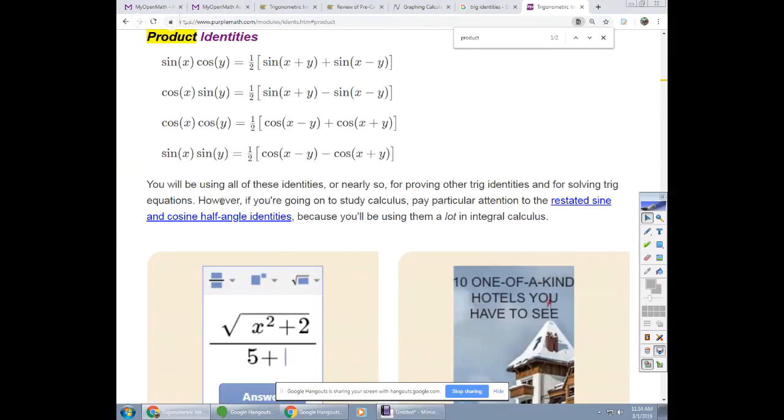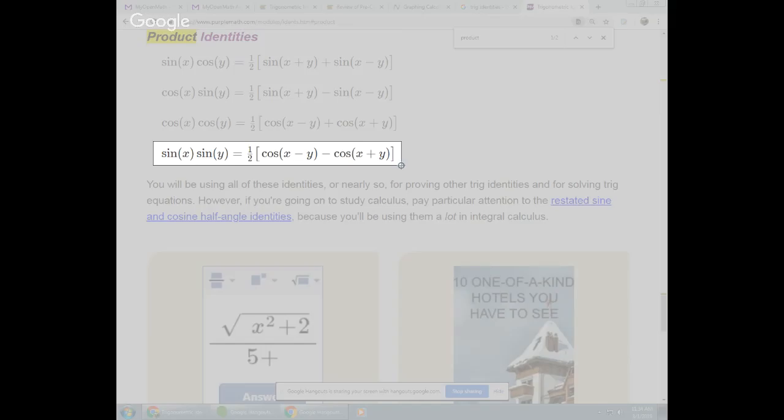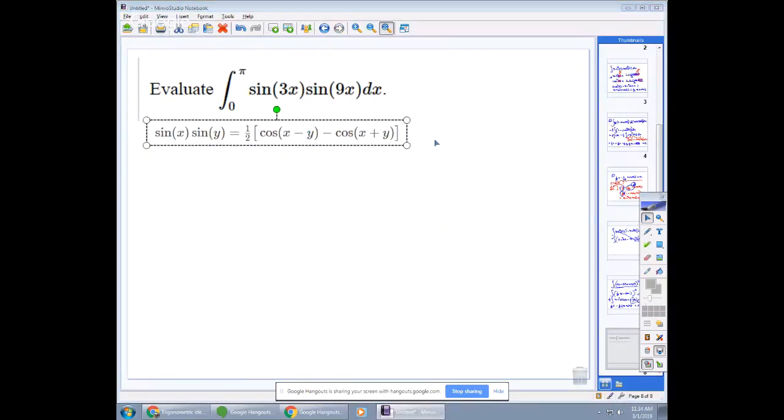Okay, so here they say, if you have the sine of something times the sine of something else, it's 1/2 times the cosine of the difference of those two angles minus the cosine of the sum of those two angles. So that's the identity we want. I'm going to copy that into my screen. And again, you will have a set of identities for the test.